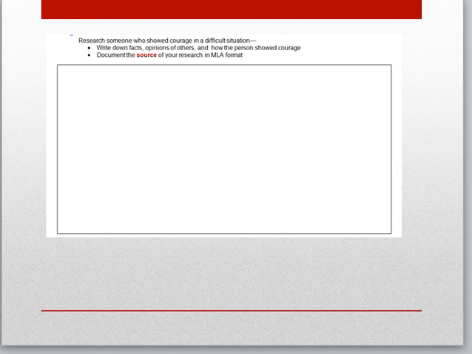Next, you'll get the opportunity to research someone who has shown courage in a difficult situation. In the planning, you can write down facts and how the person showed courage. So this is the opportunity for you to think about historical figures or philosophers or sports figures, someone who has shown courage, and make sure to document the source of your research in MLA format.